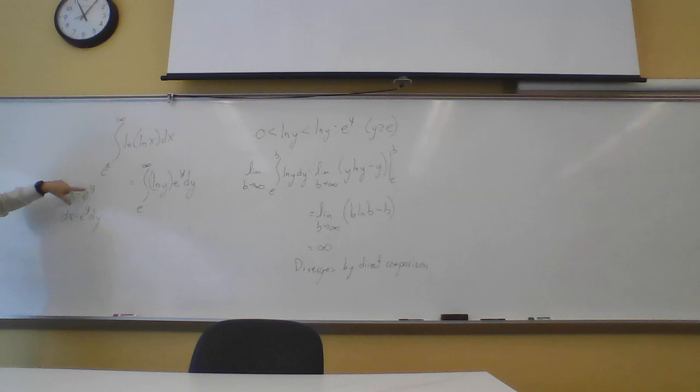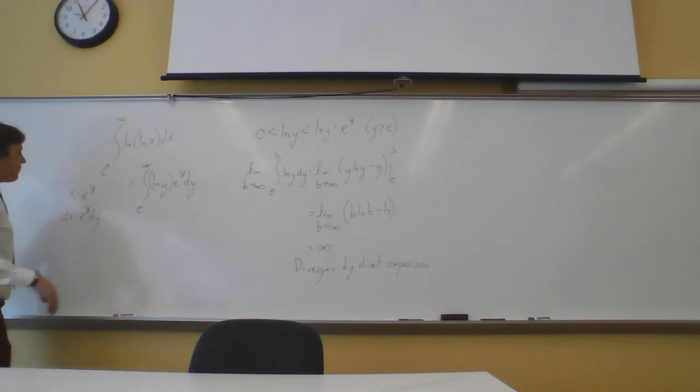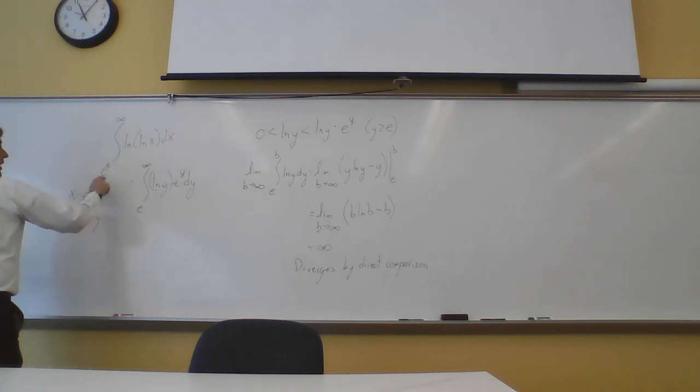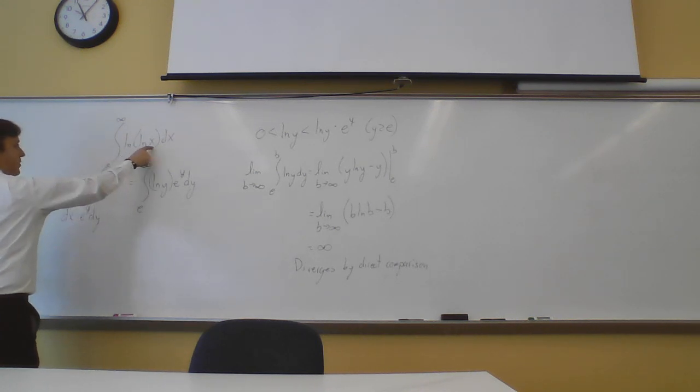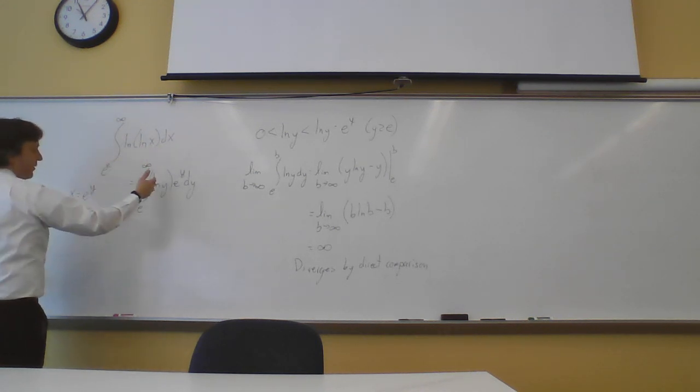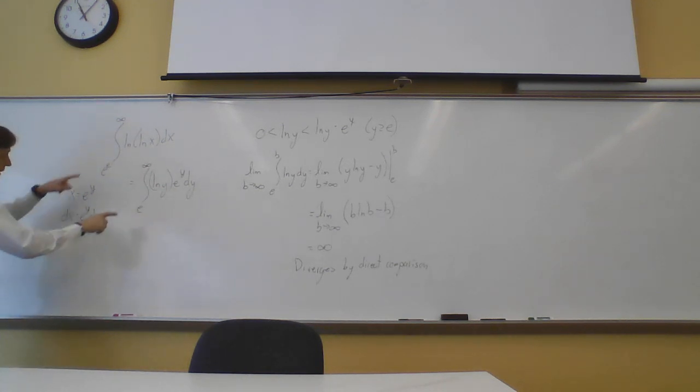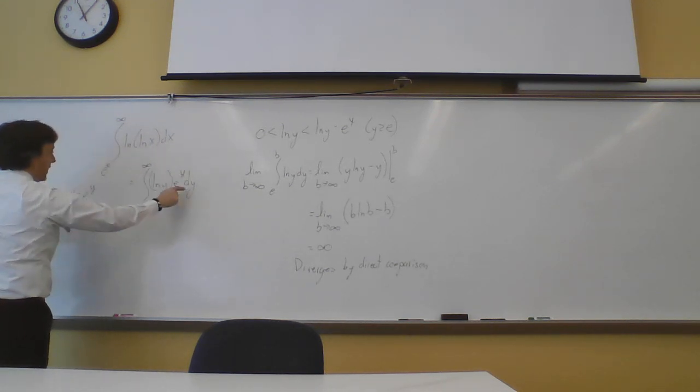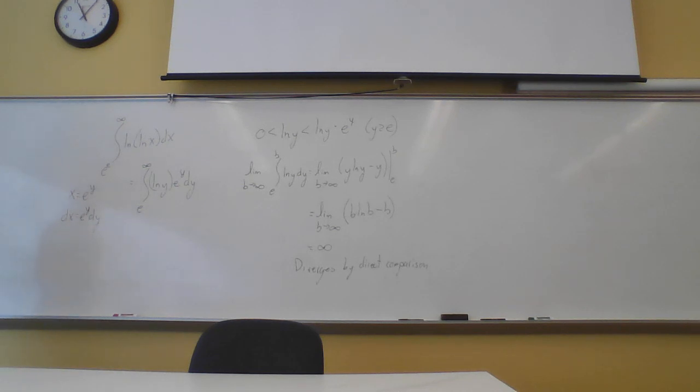I'm going to let x be e to the y, and its derivative then is e to the y dy. When I do that, my natural log of x becomes natural log of e to the y, but natural log of e to the power is just the thing on the inside. So I get the natural log of y, and my dx turns into e to the y dy. If I can evaluate this, definitely simpler looking integral, I'll be in business.